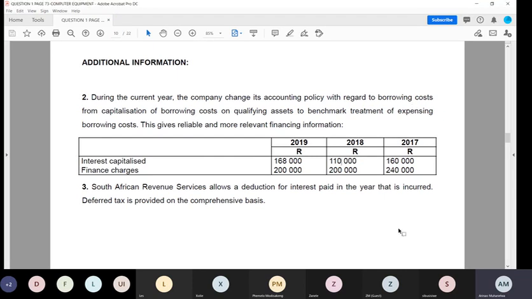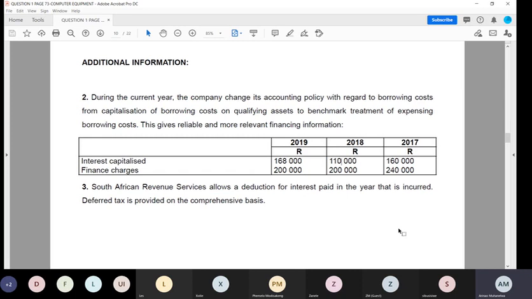Think about it this way. If you have a motor vehicle in 2017 and you paid 100,000, and when you go to 2018, you have an addition of 100,000. When I ask you what is the total value of your motor vehicles, it is 200,000.